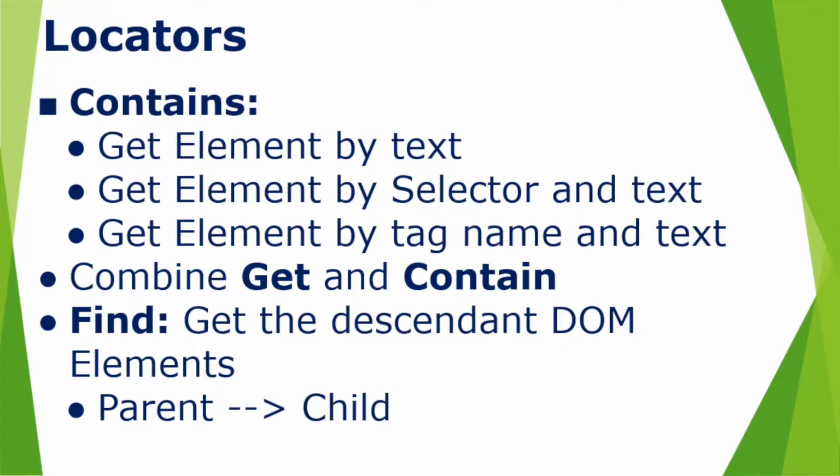Basically, to locate elements, you have different techniques, and you can use multiple methods in locating the elements in Cypress. In my previous session, as I explained, I have already covered the get method. Within the get method, I showed different techniques in identifying the elements. This session I'm going to concentrate more on contains and find methods, and also the combination of get and contains, and the combination of get and find.